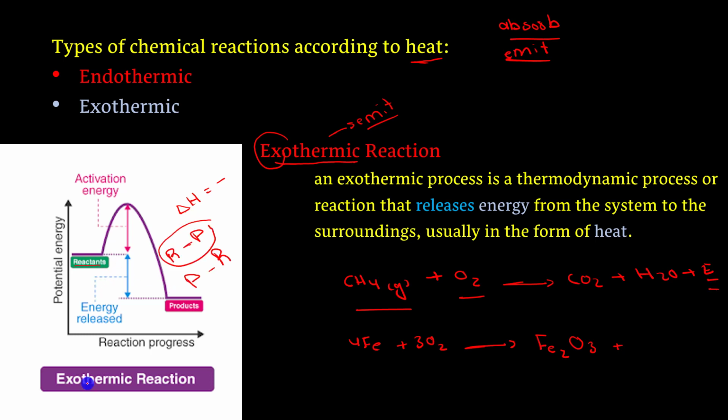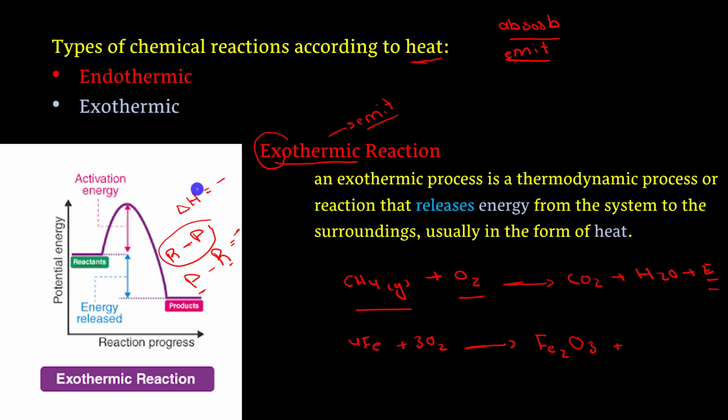Here the product has less energy than the reactants, so if we subtract the reactants' energy from the product's, we get a negative number.